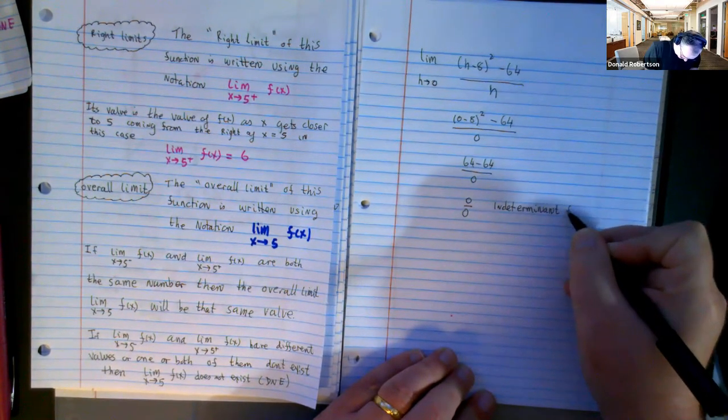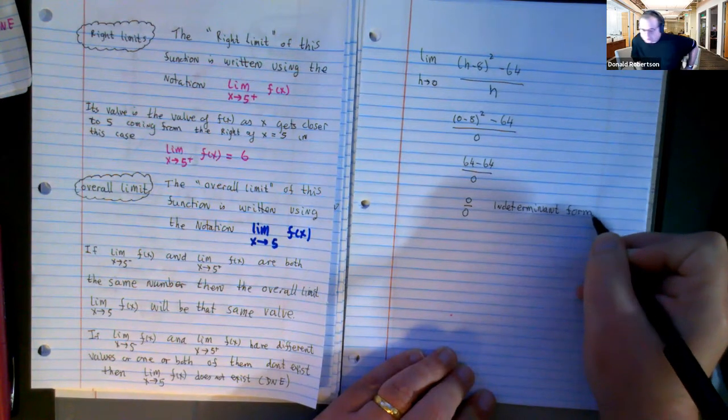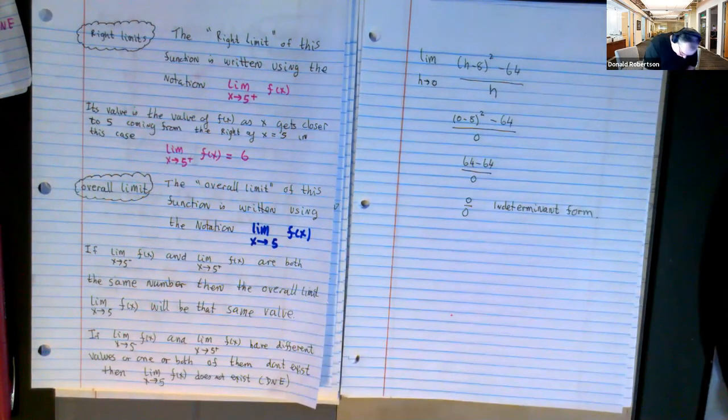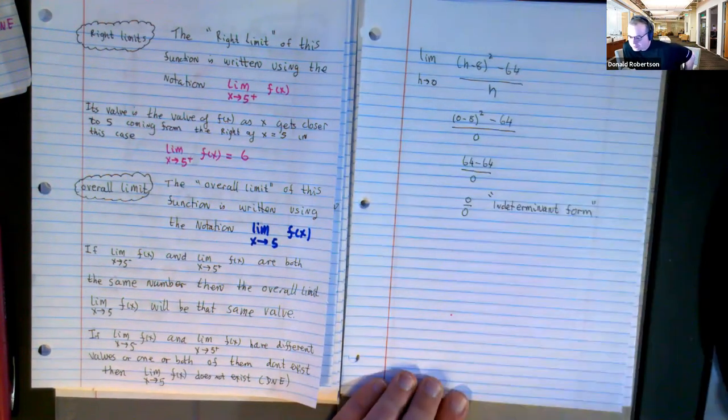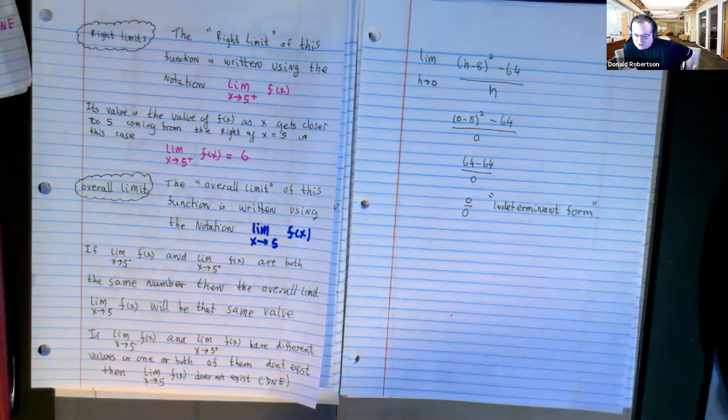We call it indeterminate form. It's really just a phrase for, we don't know what that's equal to. It might be 0, it might be 42, it might not exist at all, right? It might be a DNE.